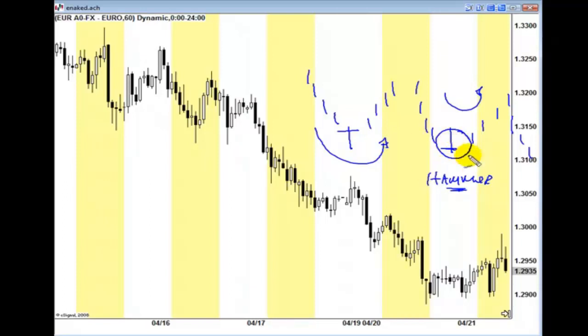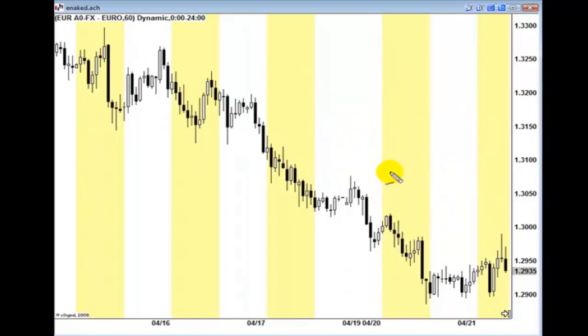And that little pattern there is called a hammer pattern, and that can also take place at the bottom. So what we've got now is we've got spike highs, and we've got spike lows, and we've now discovered that either one of these can take place at the top of a trend or at the bottom, and both of these signify reversals.